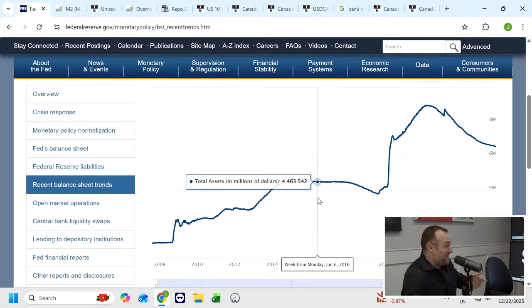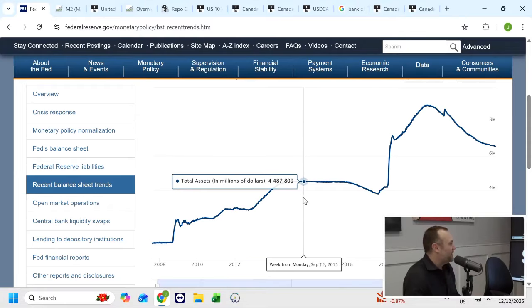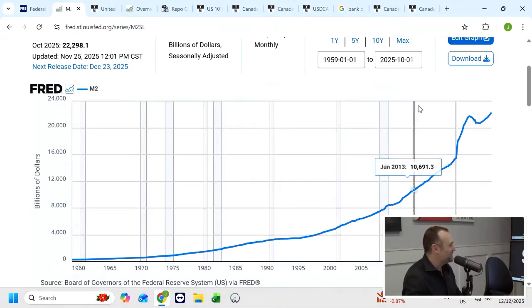And they tried it, and it didn't work. Credit froze up, because this is an experiment, right? If you go back to the history of this money supply, these are completely unprecedented levels.